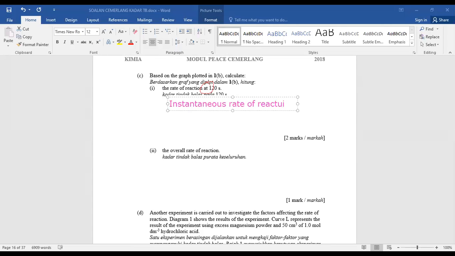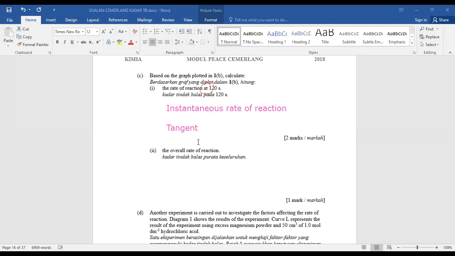Again, I am telling you we are calculating the instantaneous rate of reaction. Instantaneous rate of reaction meaning you are going to get a tangent at the points identified. Okay. And for this part, I'm going to show you the answer later.